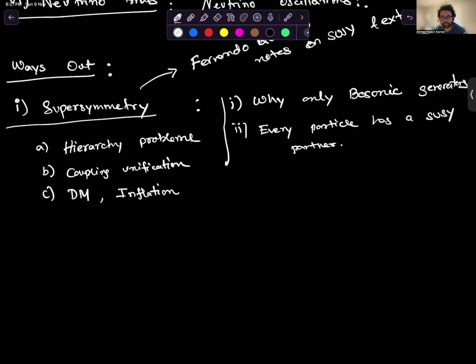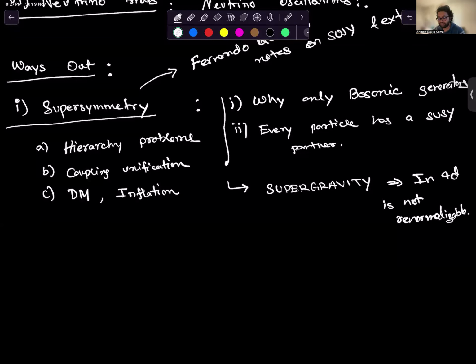So it addresses quite a few things, but the gravity version of it, at least in 4 dimensions, which we call supergravity, is again not renormalizable. So it is not part of the full story. It cannot fix the problem of gravity, but it can address some of the problems we saw of the standard model.